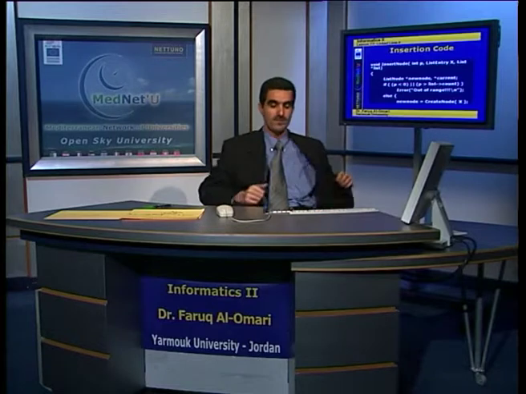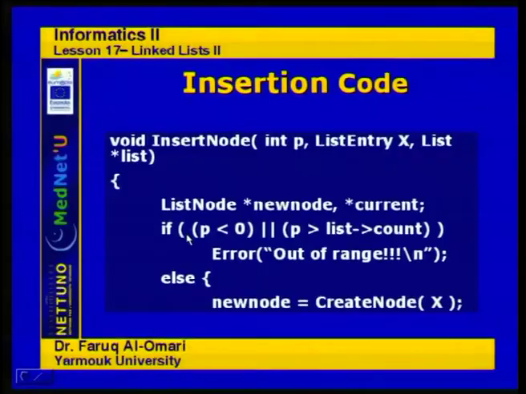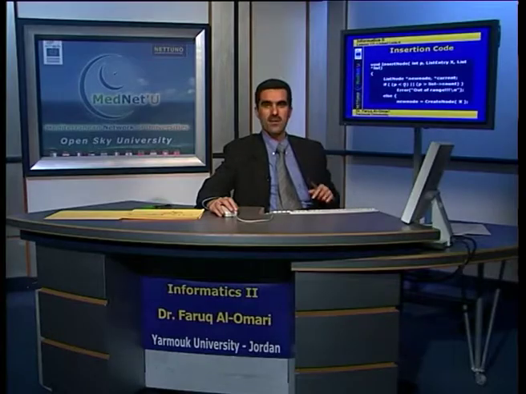And then after that, I'm going to start with a basic check to see if this position is a valid position or not. So what I'm saying here is, is P less than 0? If that is the case, then no, you're out of the range of the list.